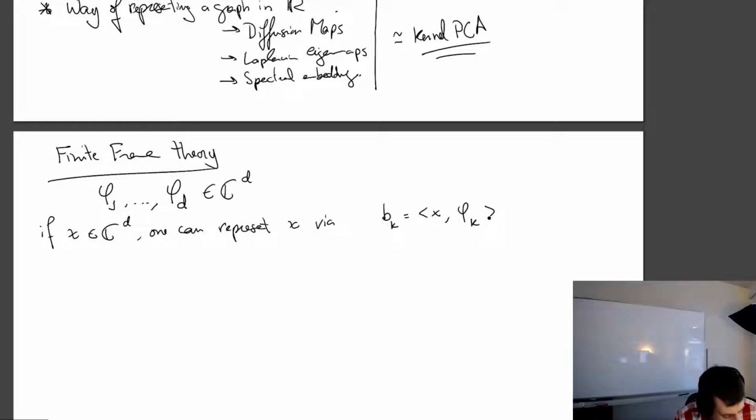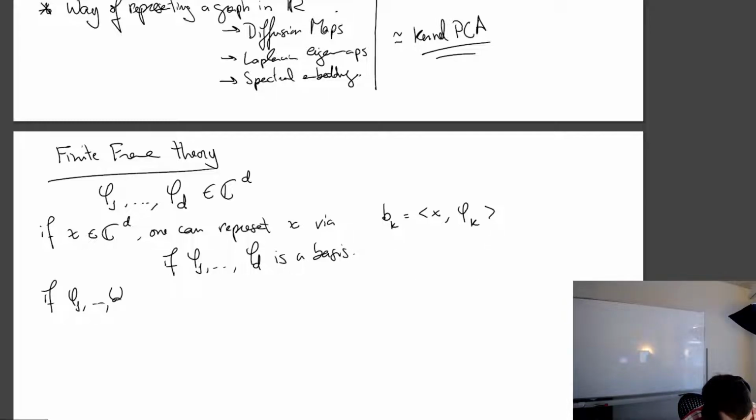Okay. So we can represent x via these coefficients b_k. If phi_1 through phi_d is a basis, then this representation is unique, and we can go back and forth. Moreover, if phi_1 through phi_d are an orthonormal basis, then we have a form of stability.